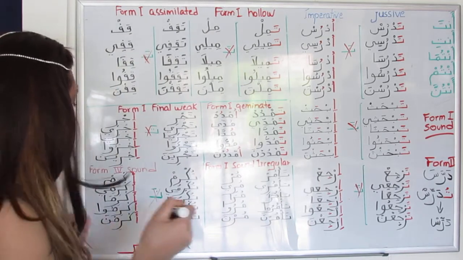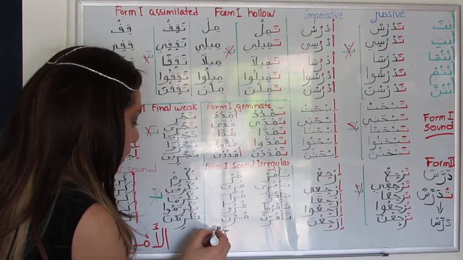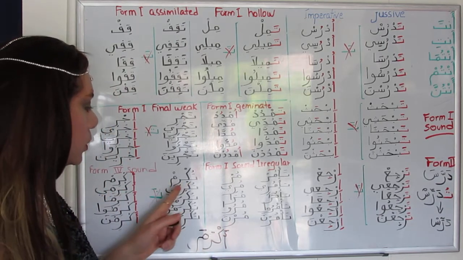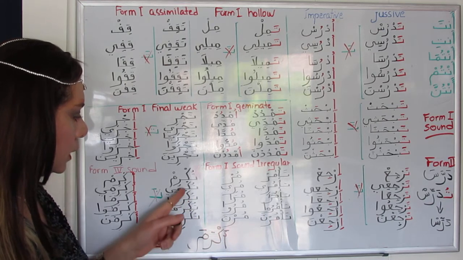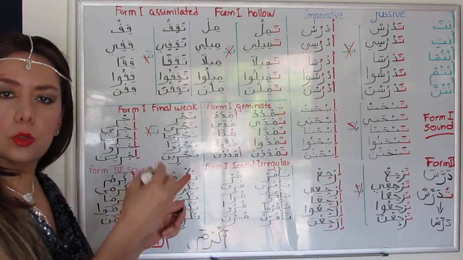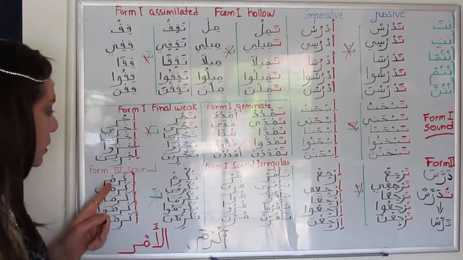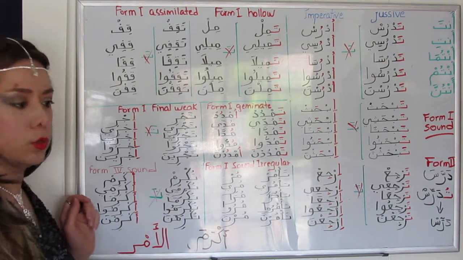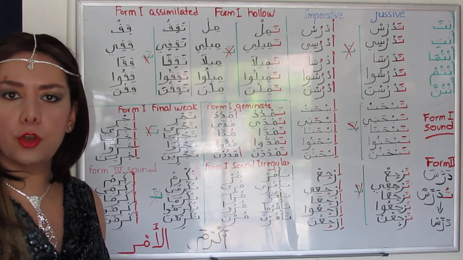For example, akrama, it's to honor. Akrama. In the jussive, we have tukrim, tukrimi, tukrima, tukrimu, tukrimna. Here, during this conjugation, we got rid of the hamza. But when you delete the ta, again, you are left with a sukun. And you are not going to check the stem vowel.